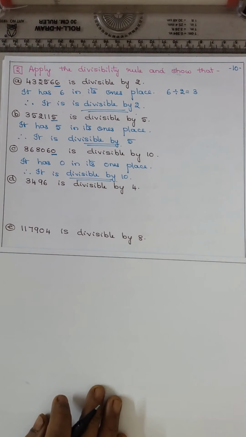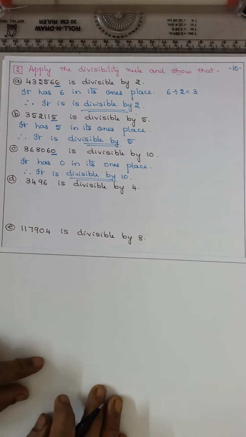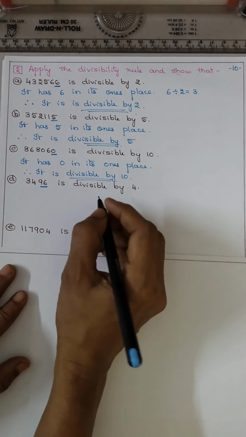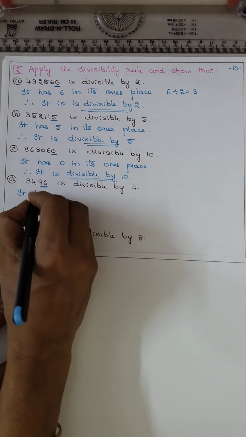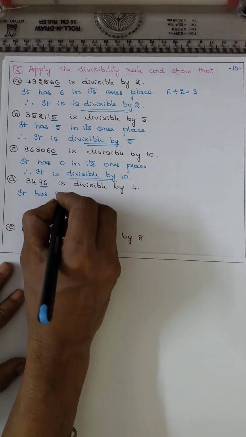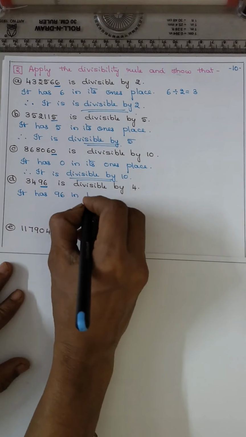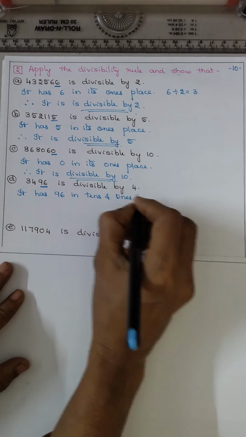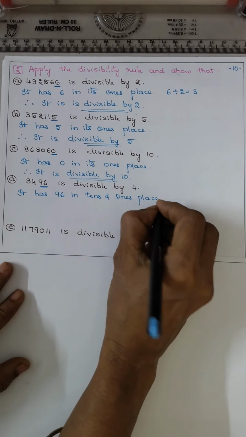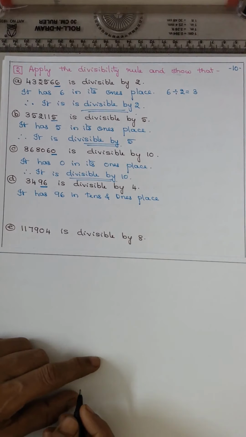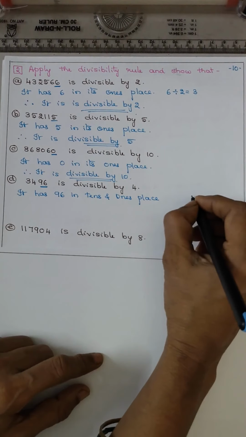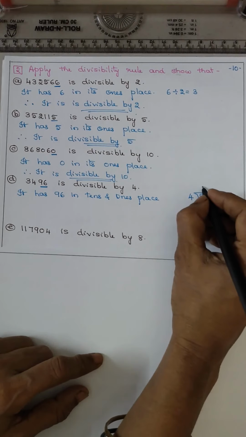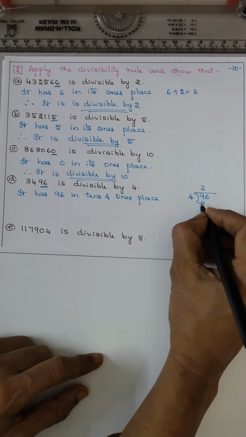Now 4. For 4, what do we have to see? Last 2 digits. So it has 96 in tens and ones place. Now see 96 divided by 4. 4 twos are 8.